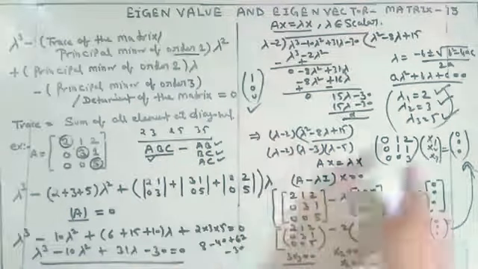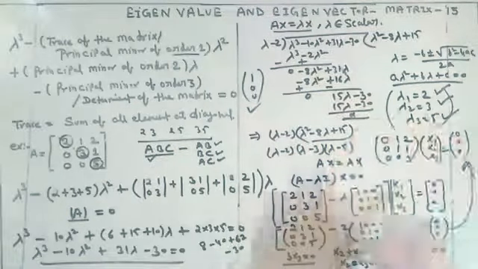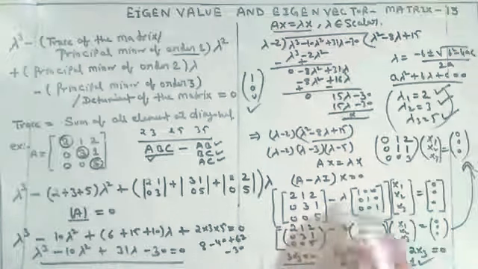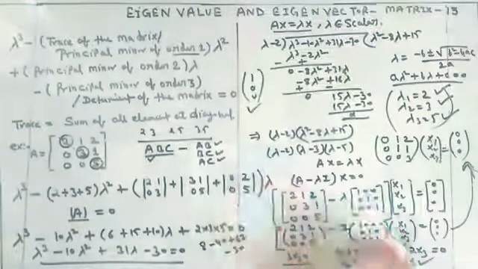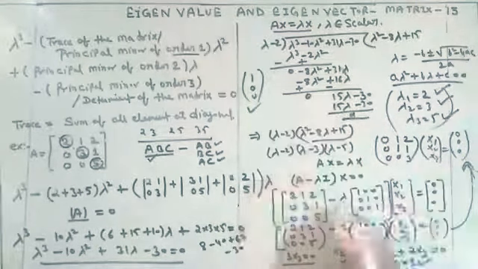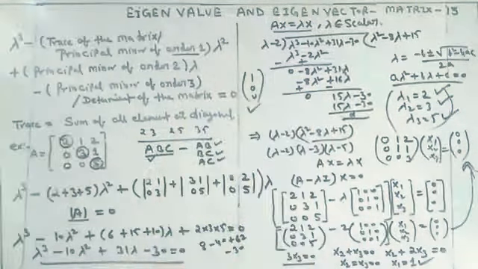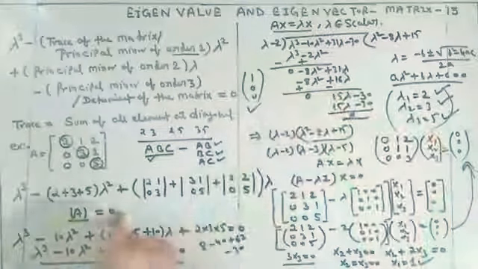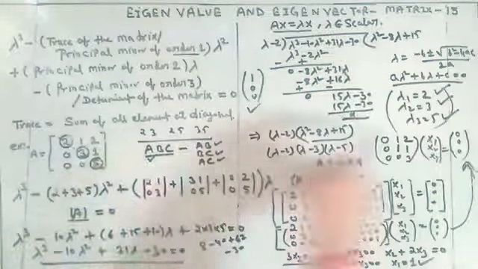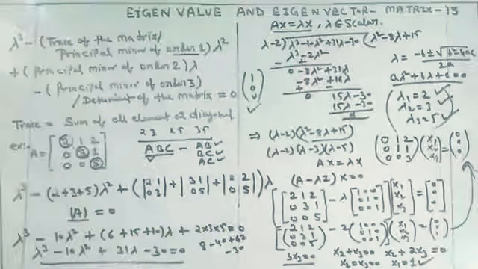We have found only one. This is your homework. Put this value here, then you will get another eigenvector. Put this value here, then you will get another eigenvector. So these different eigenvectors are the eigenvectors for this matrix. Okay, thank you so much.